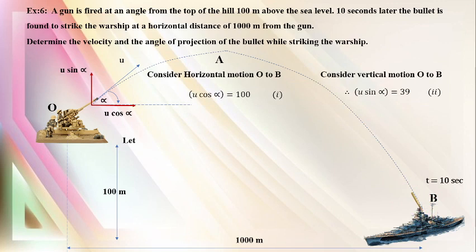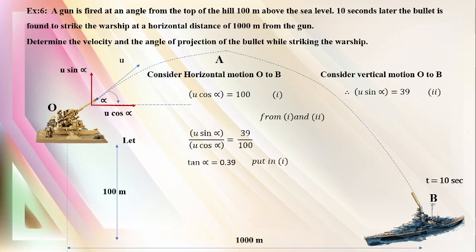Once we have these two equations, we can perform certain mathematical operations on them, like adding, dividing, taking the ratio, whatever it is. Here I am going to take the ratio of both these equations. From equation number 1 and 2, their ratio gives u sin alpha by u cos alpha is equal to 39 divided by 100, that is equal to 0.39.